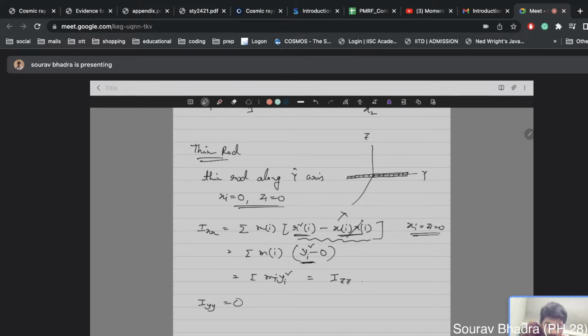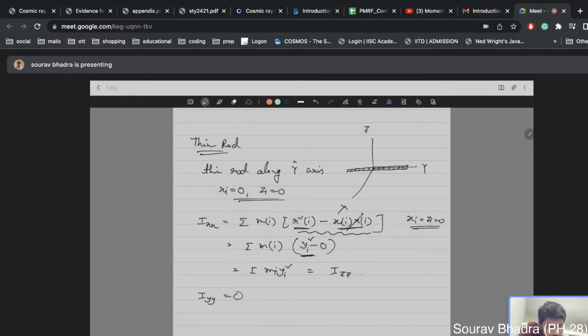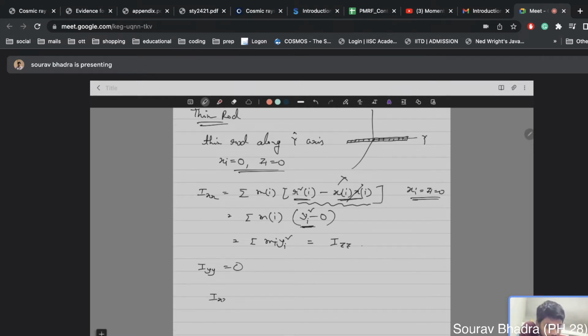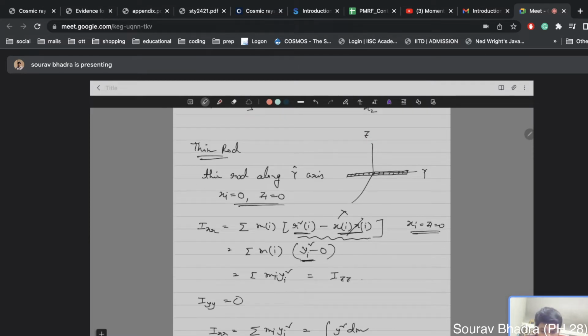Now we will calculate Ixx. If we consider the rod as a continuous body as it is, then we can substitute our summation sign with the integration sign, so that mi yi square can be written as y square dm. We are summing over the mass of the rod, and what will be the limit?